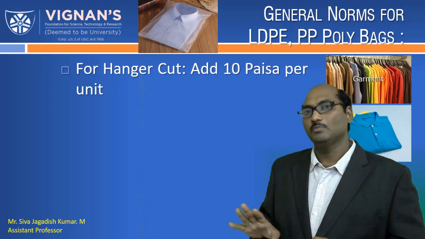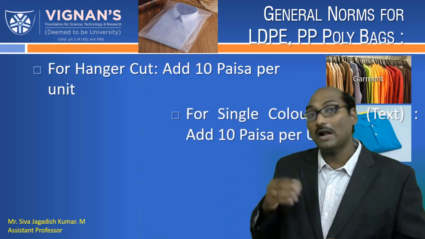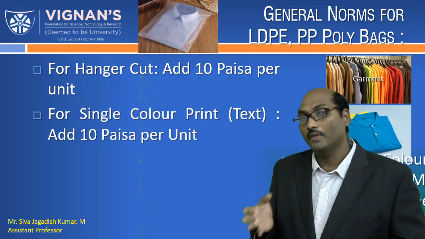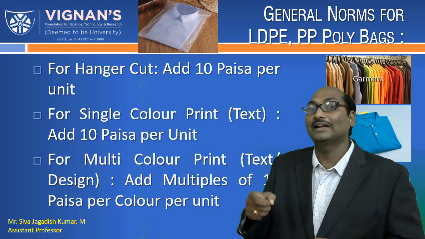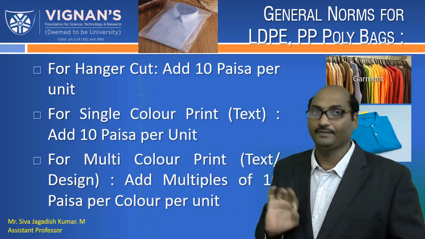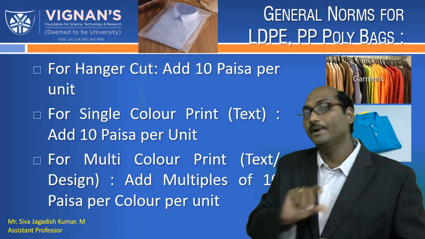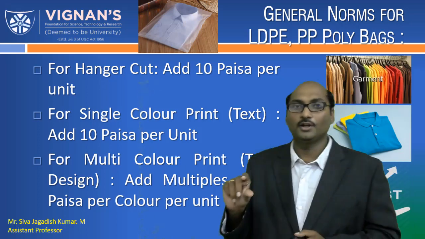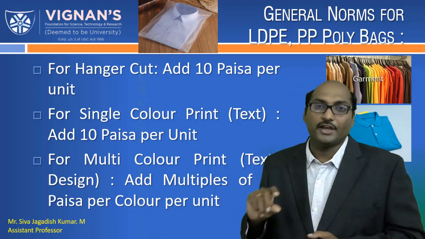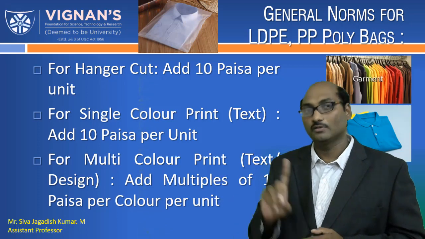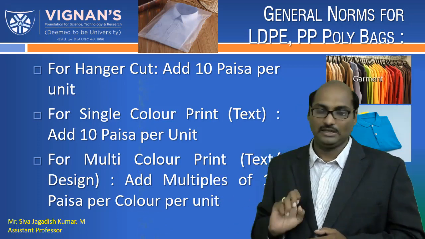Now for hanger cut, these are some of the general norms apart from the raw material cost. In case the hanger cut is required, add 10 paisa. In case a single color print is there, like warning or 'it's not a child's toy', something like that, for a single color print, 10 paisa.